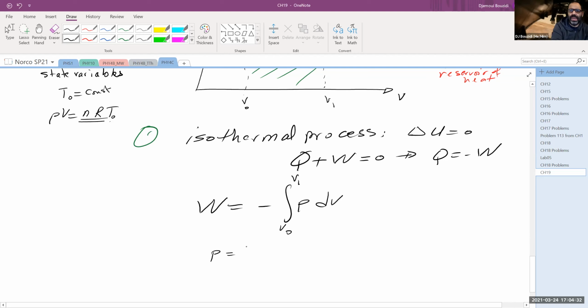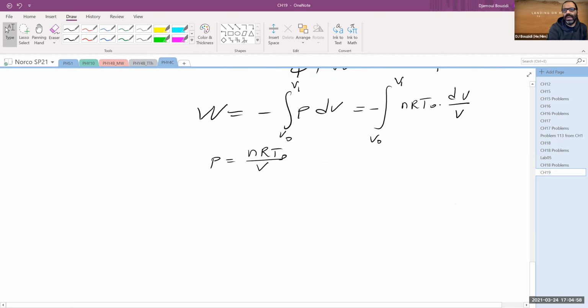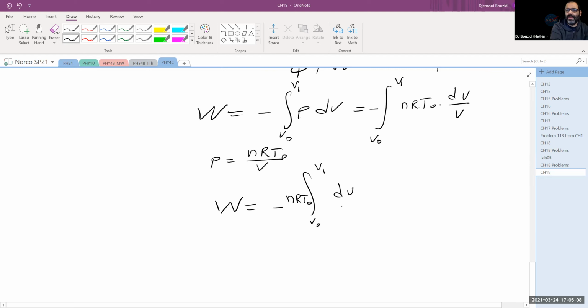And I know that P is equal to nRT0, temperature doesn't change at all in this process, divided by V. So if I plug in that expression, I will find negative the integral from V0 to V1 of nRT0 times dV over V. And nR and T0 are constant. The number of moles is constant, and the temperature in this process doesn't change. So in this case, the work is going to simply be equal to minus the integral from V0 to V1 times nRT0 of dV over V.